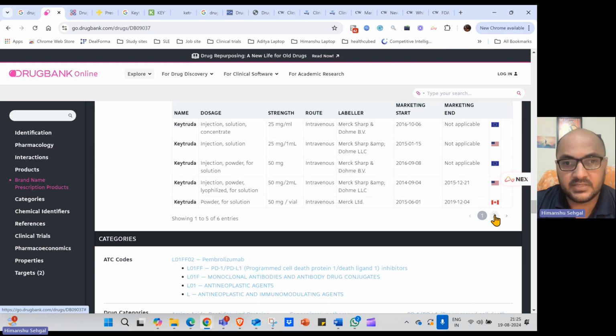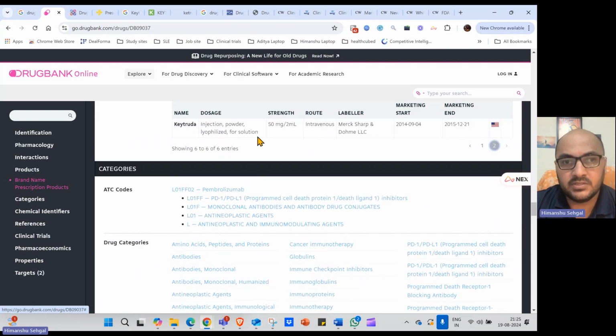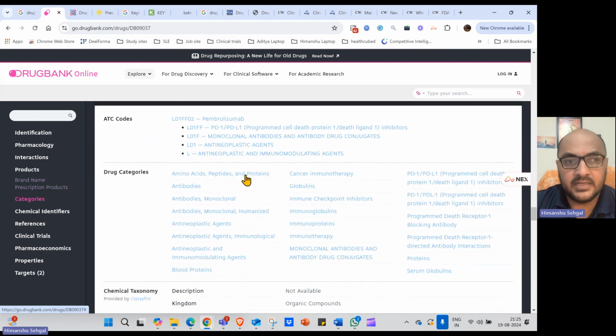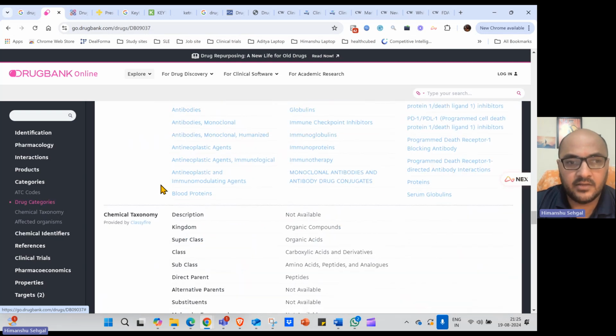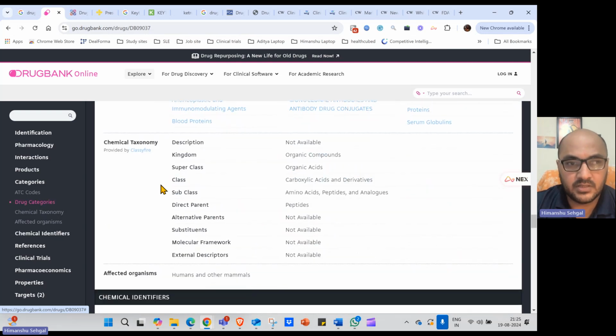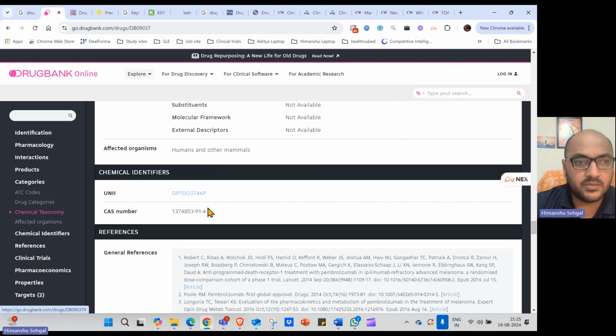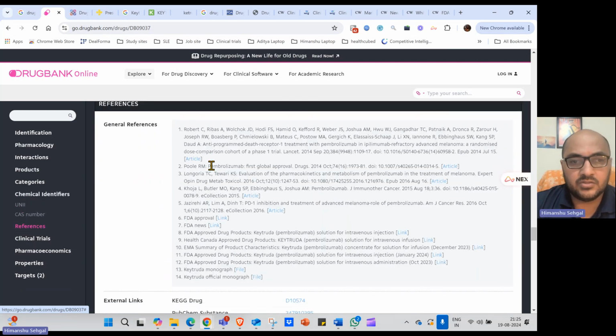How many entries? 6 entries. So if you look into this, there are US, Europe, this kind of entry basically. Then ATC code, I don't think you need it. Then categories, taxonomy, affected organs. This information you probably don't need.